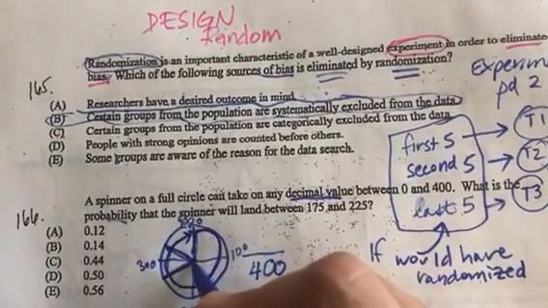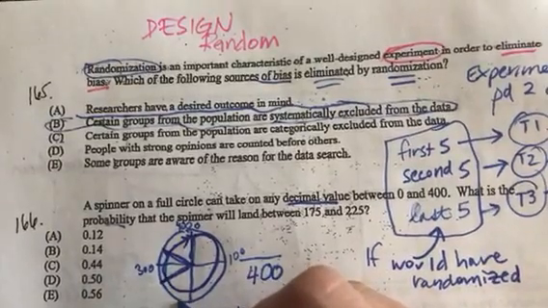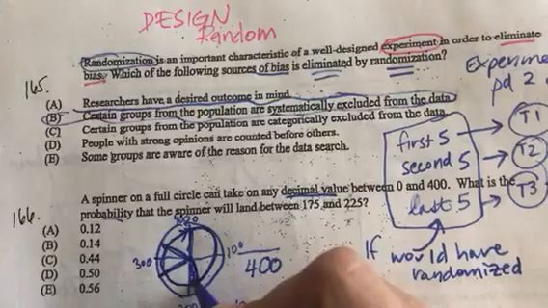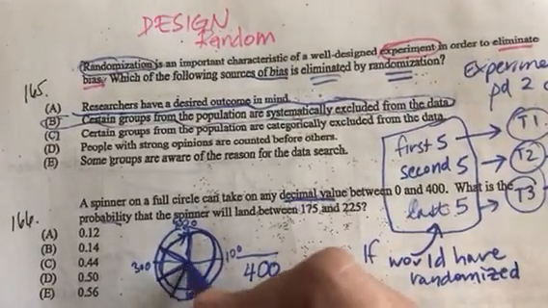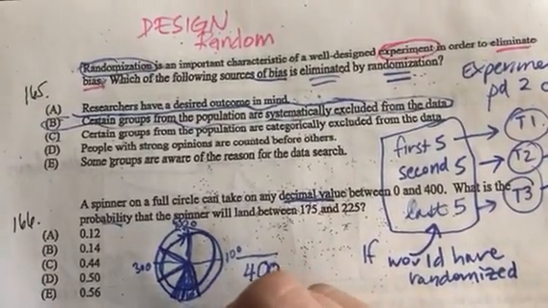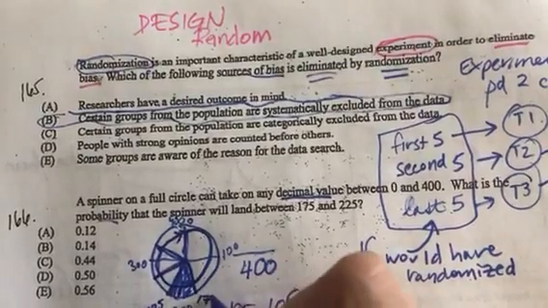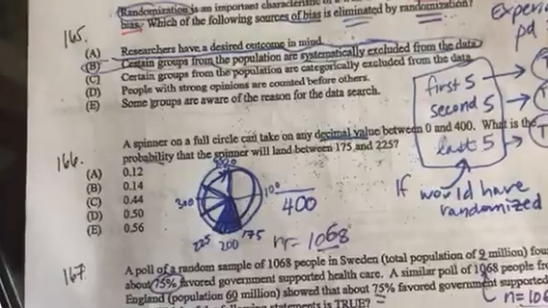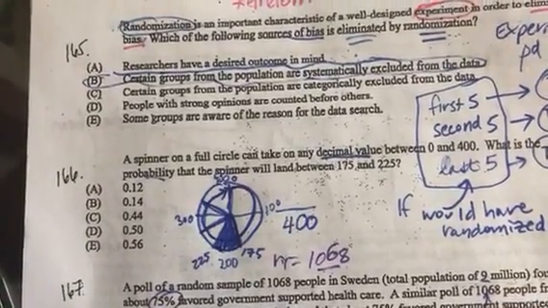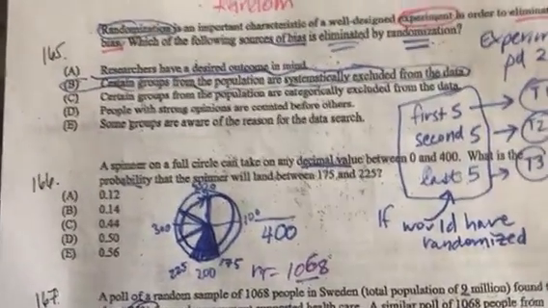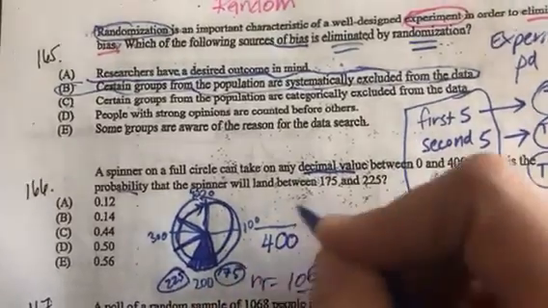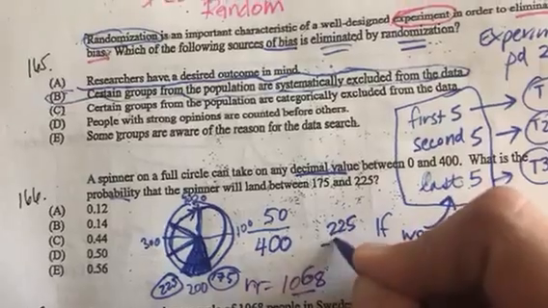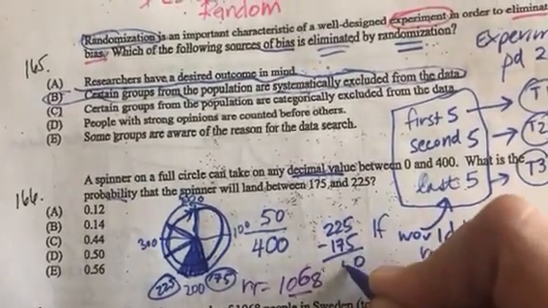Okay, so 175 would be like a quarter right here, right? And then 225, somewhere here. If I had to calculate this, it could be any value from 0 to 400, and between these two values, there is about 50, right? 225 minus 175 is 50.